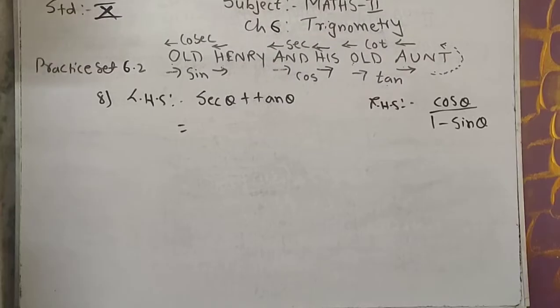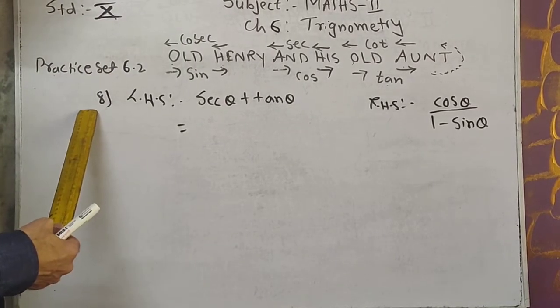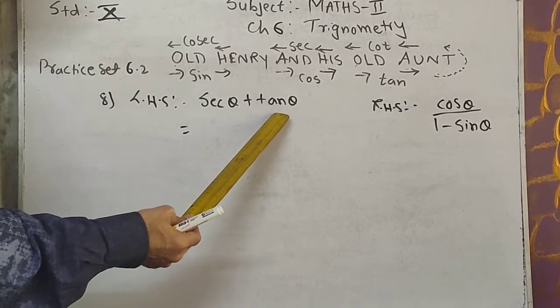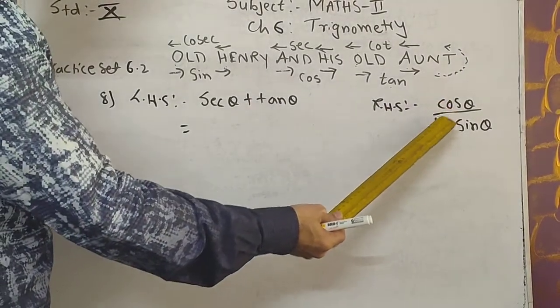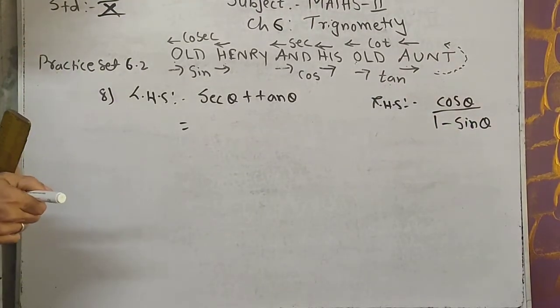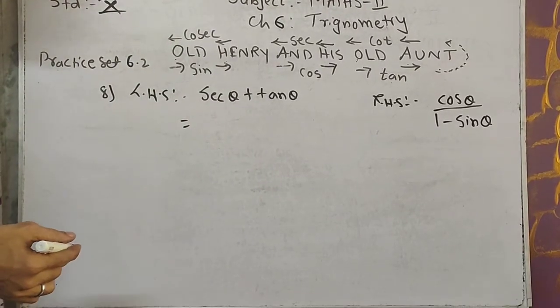Now come to sum number 8. Left hand side is sec theta plus tan theta, and your right hand side is cos theta upon 1 minus sin theta. So first of all, as I told you, you will simplify, bringing it in the form of cos and sin.